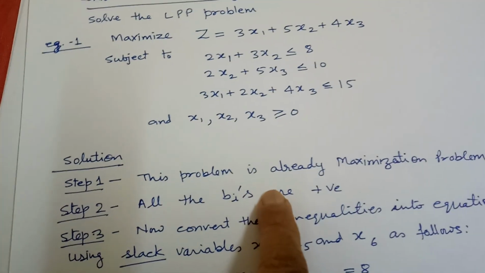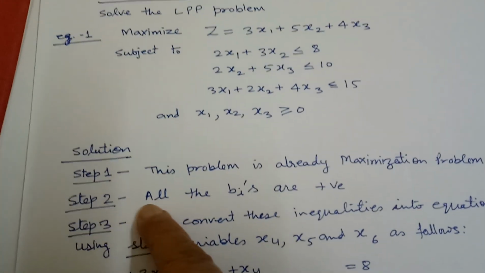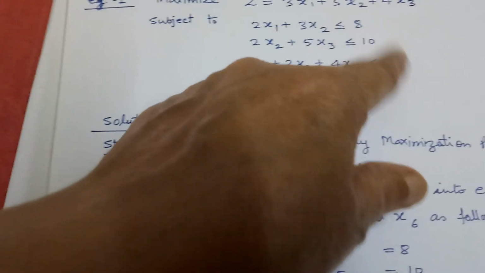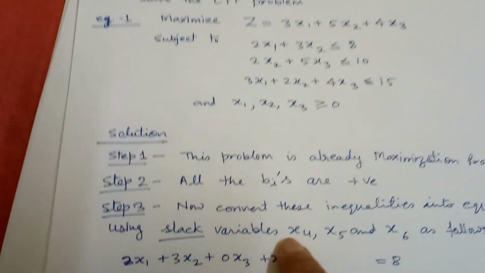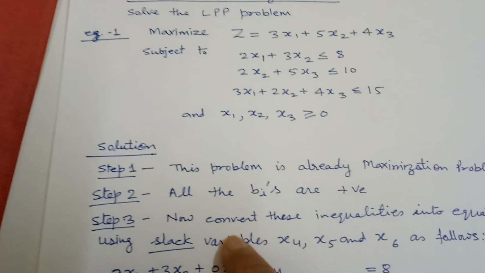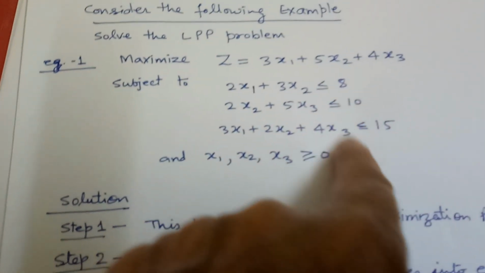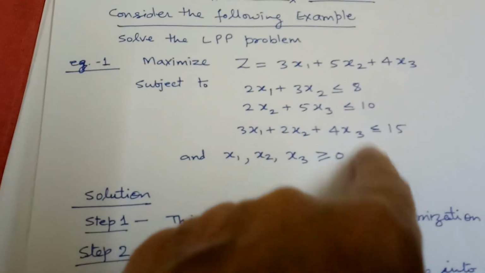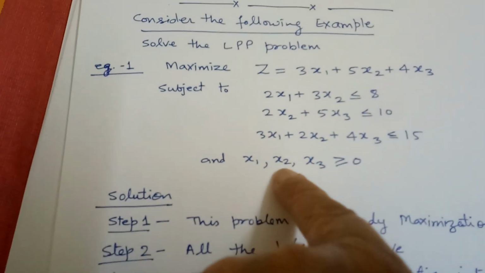Step 1, the problem is already a maximization problem and all right hand sides of the constraints are positive. And step 3, now convert these inequalities into equations using slack variables.